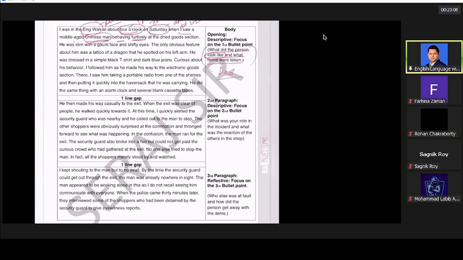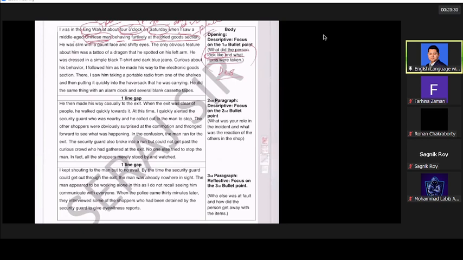Furtively means strangely. "At the dried goods section." This is a particular section in that super shop. So here the place is specifically mentioned. Always be very specific. If you use specific information in your writing, it will be more realistic, and realistic writing means better writing.